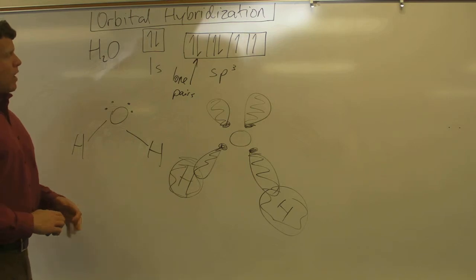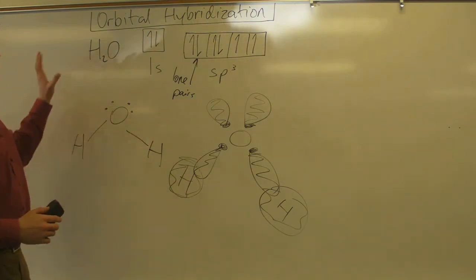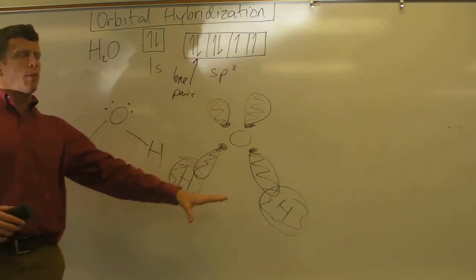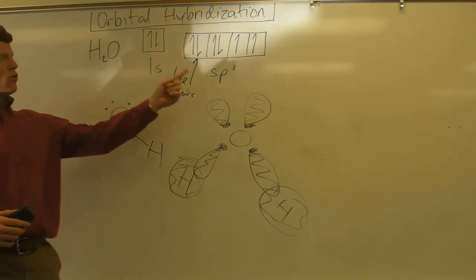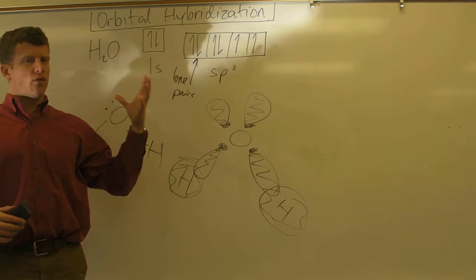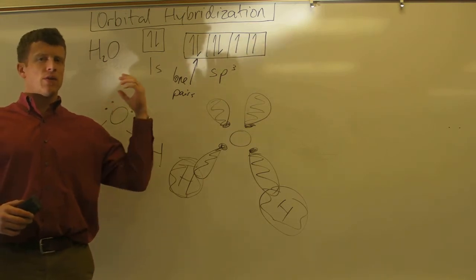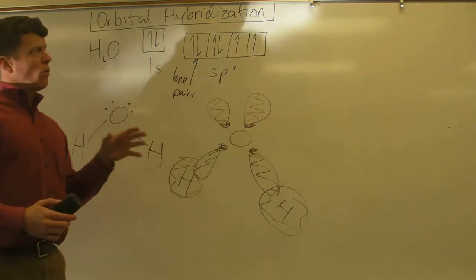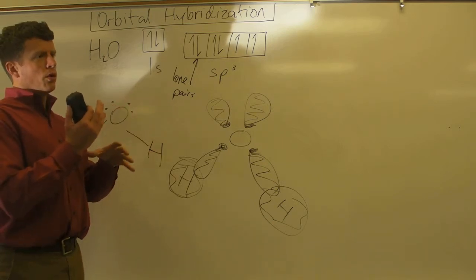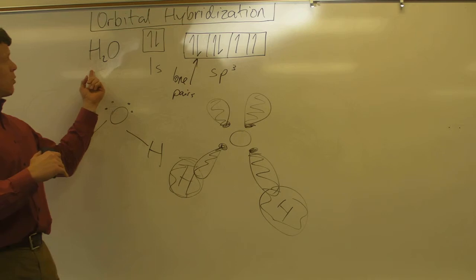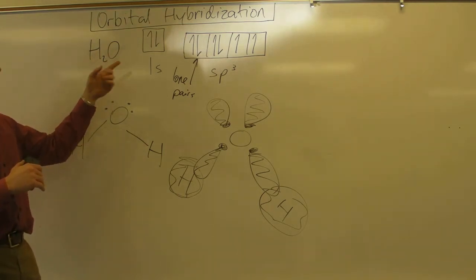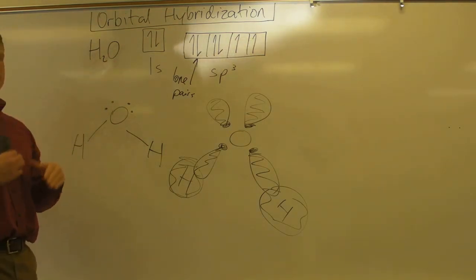So, just to recap, the whole idea of orbital hybridization is helping explain how even if you have electrons in an s orbital, that is a different size and shape than the 2p orbital, that would perhaps suggest that the bonding would be different, but the bonding isn't different. In H2O, the oxygen-hydrogen bond is identical in both cases.